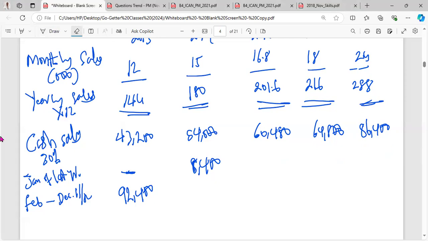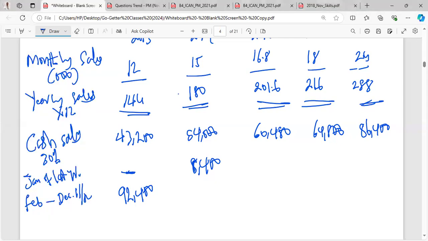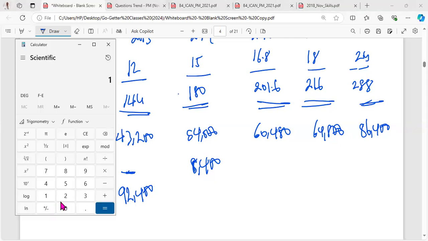Now let's look at the next one here, 180,000. Let's remove the 54,000, which is cash. We have 126, right?